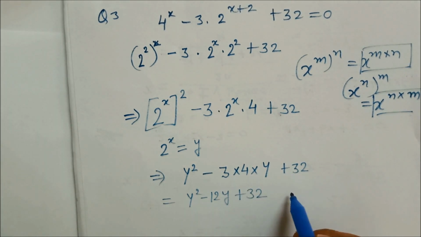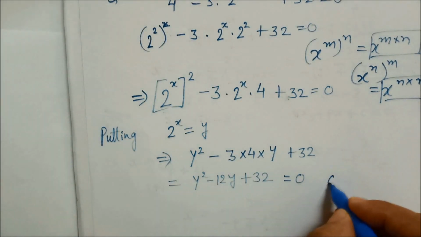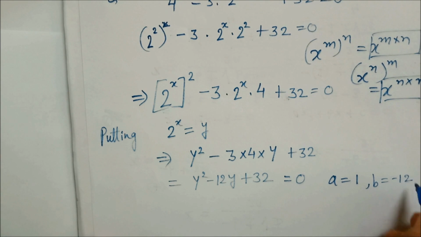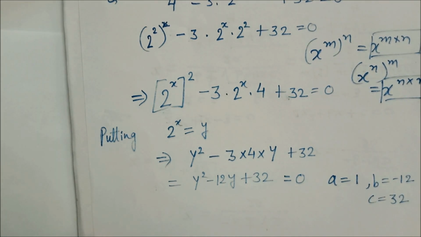This is the quadratic equation. Now we will solve this quadratic equation by using the formula. Here a is equal to 1, b is equal to minus 12 and c is equal to 32.